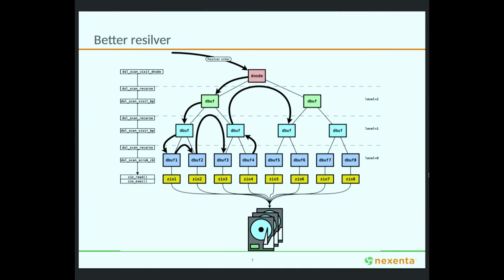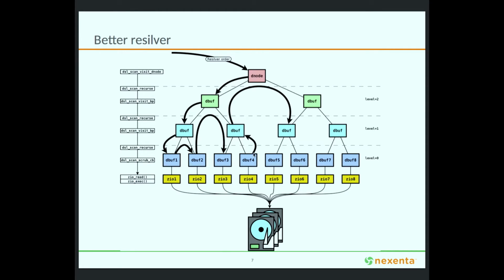So this is another representation of roughly what it will look like in the tree layout. You would jump up to a very high level, the top level of indirection, and then you recurse down, and once you reach the very bottom layer, you would issue a ZIO read that gets sent right away to the drives, and you keep on going.